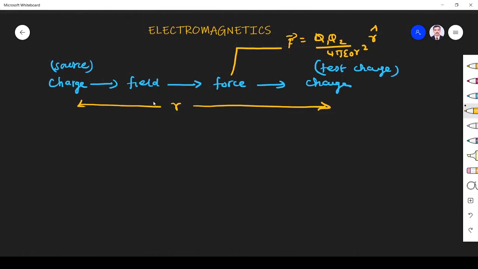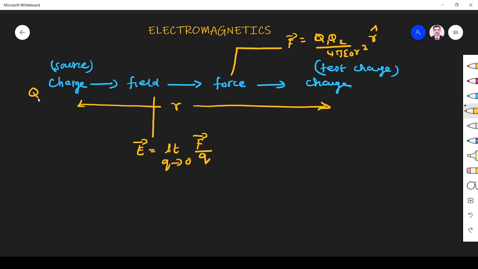Then what we are going to study is the force felt by the test charge. That is the electric field. So electric field is the force felt by the test charge, force per charge.